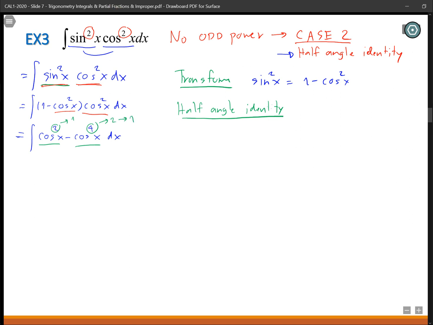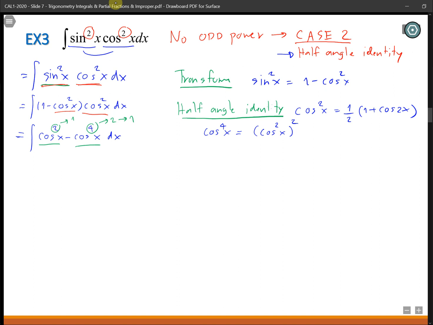So we are going to use this: cosine of x squared equals 1 over 2 times 1 plus cosine of 2x. Okay? Now we can use this identity again for cosine of x to the power of 4, because we know that this is equal to cosine of x to the power of 2, squared again.